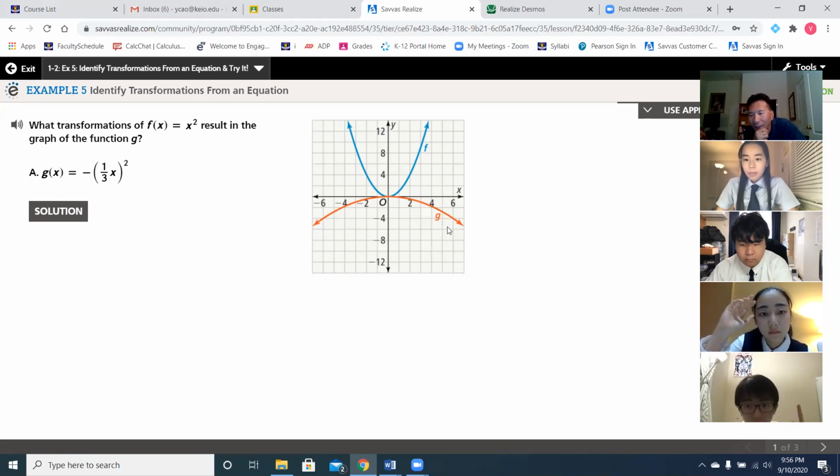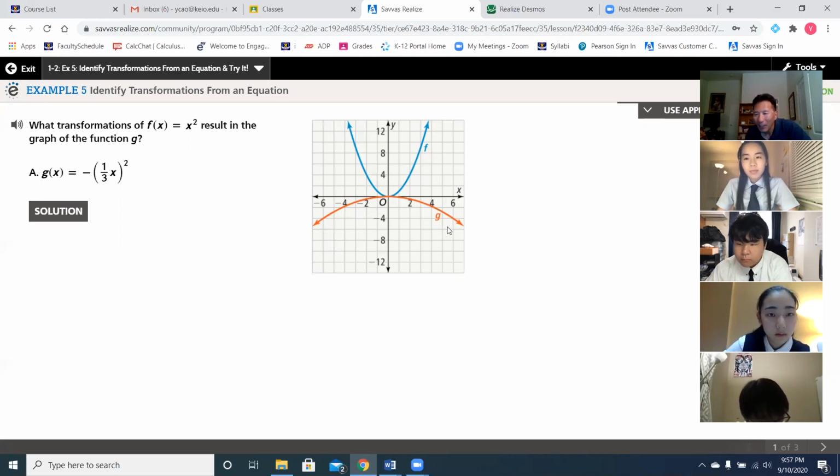Mayuka, you have an answer for us, right? Yes. So you first flip. First flip over, right? Good. Flip over across which axis? X-axis. Very good. And afterward, you horizontally stretch. Very good.